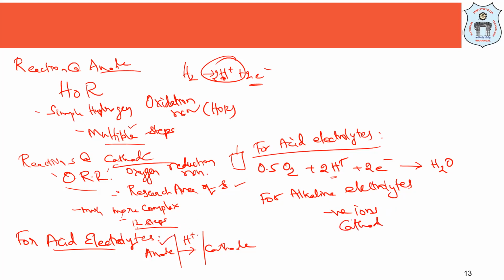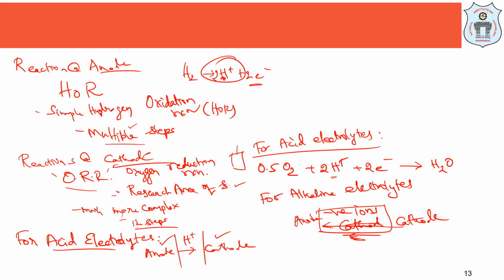So here, in the acid case, the movement is anode to cathode, while here negative ions move from the cathode side to the anode side. We have already discussed which ions move for each type of fuel cell in our previous lecture; you can refer to that.